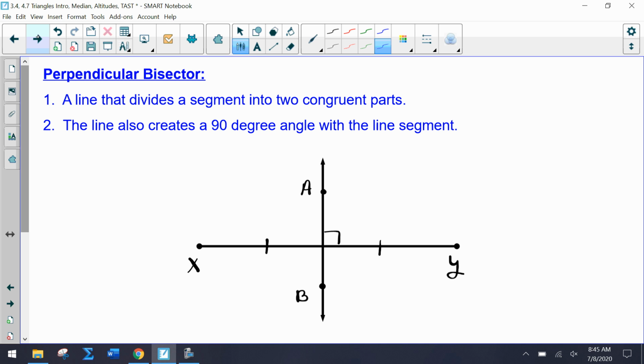So something else that we have is a perpendicular bisector. Since AB is perpendicular to line segment XY, but line AB also bisects the line segment XY, we can call line AB a perpendicular bisector.